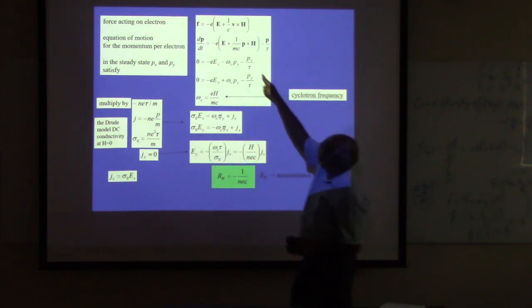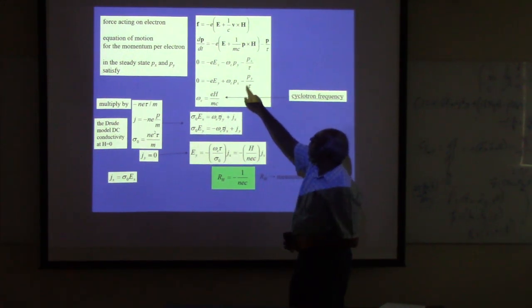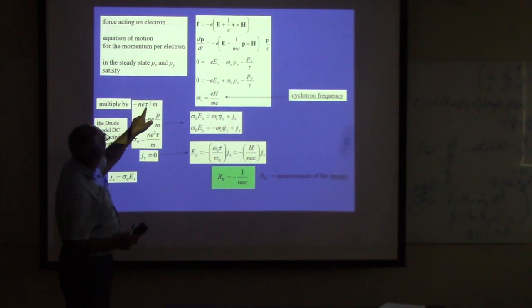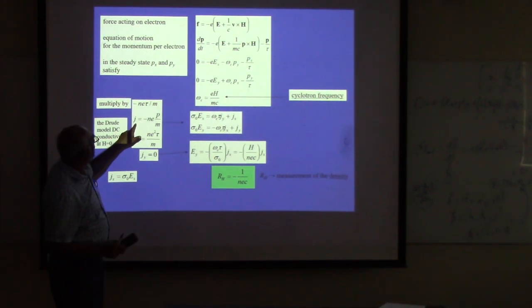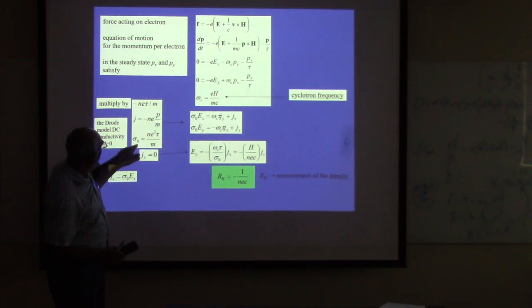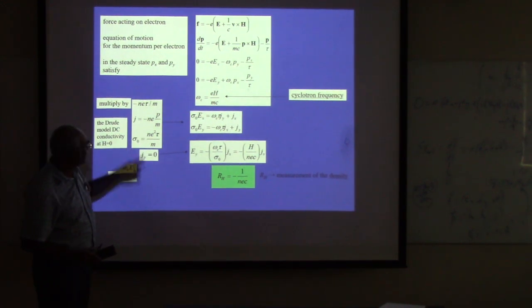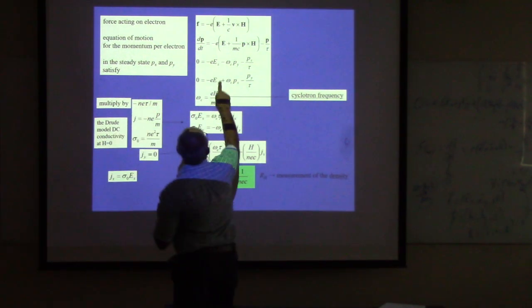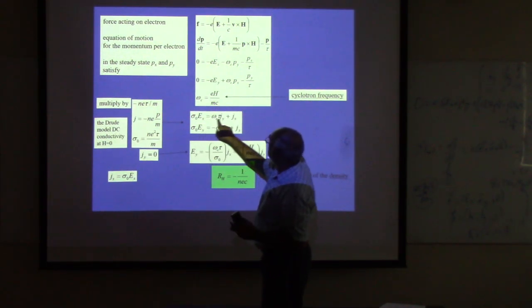Okay, now we have these two equations, right? So now if I multiply everything by this number and apply J equals this one, and also we know sigma 0, that's the total conductivity, then you can get this relationship.